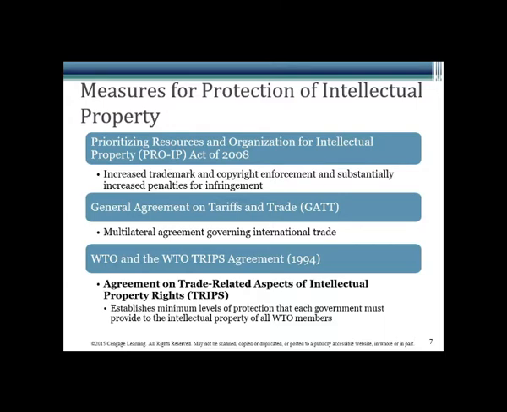This binding agreement requires member governments to ensure that intellectual property rights can be enforced under their laws and that penalties for infringement are tough enough to deter further violations.